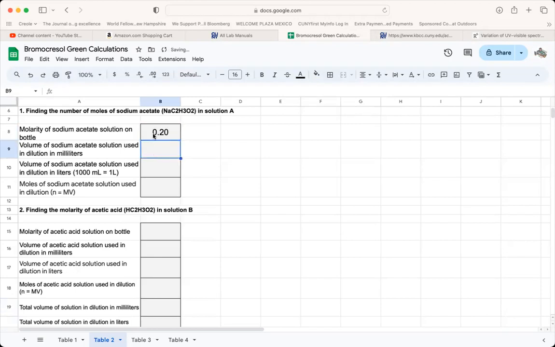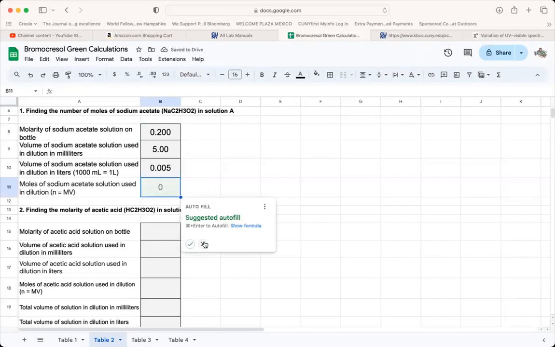The next thing it says is what volume did we use? Well, it's 5 milliliters. And then let's convert that into liters. So how do you convert 5 milliliters into liters? You divide by 1,000. So equal sign, this cell over 1,000.